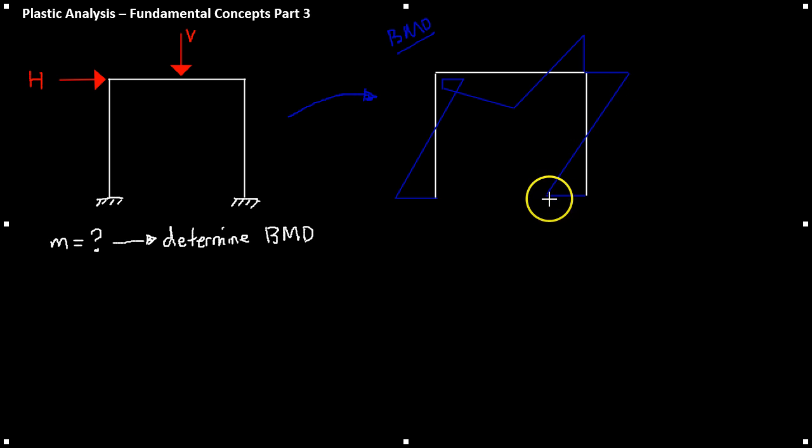Now, you can see here that we have a maximum bending moment here. We will label this point 1. We have another here, point 2, another here, point 3, point 4 here, and point 5 down here. Now you may be thinking at point 4 here, why do we not consider both of the maximum bending moments?